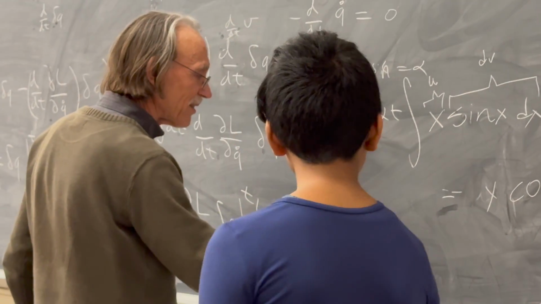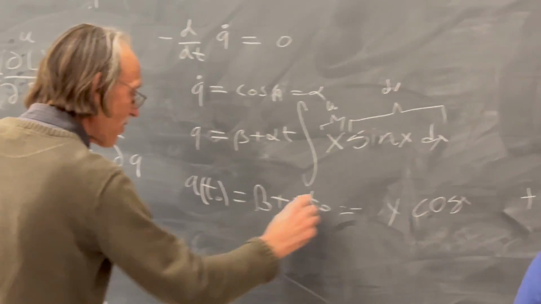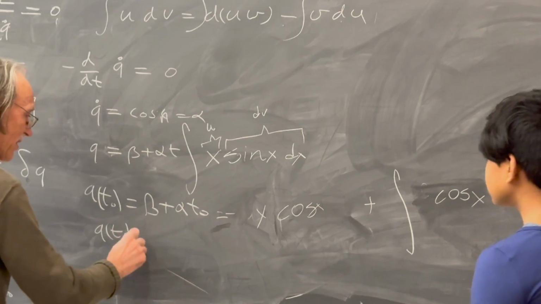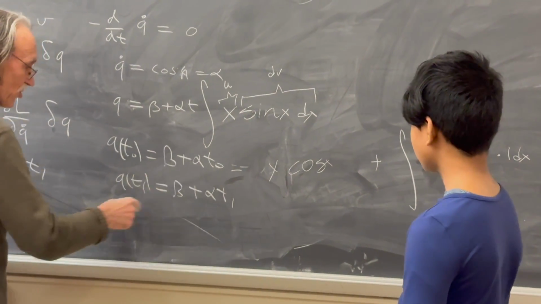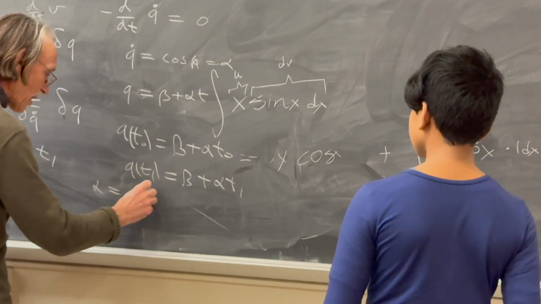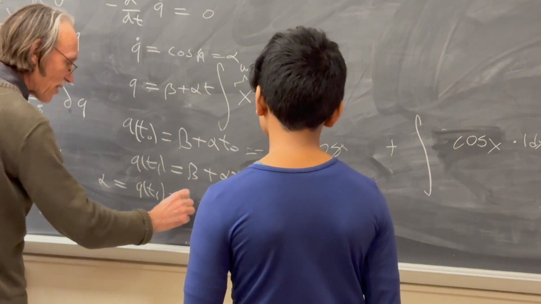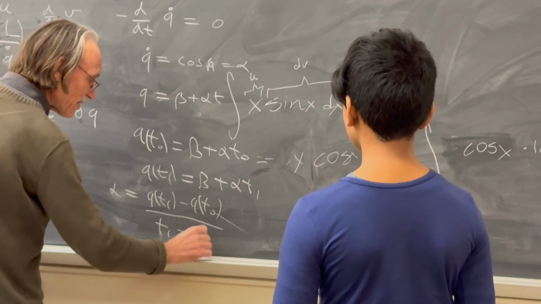q(t0) is beta plus alpha t0. q(t1) is beta plus alpha t1. So alpha is equal to q(t1) minus q(t0) divided by t1 minus t0.